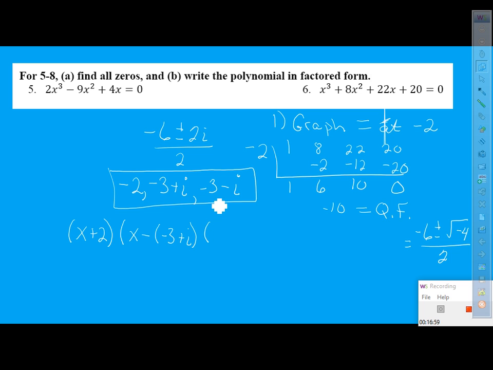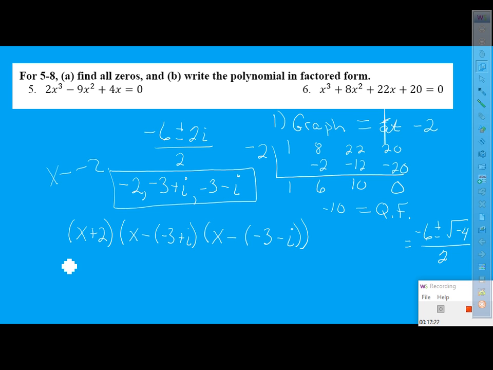And then, to get a negative 3 minus i, there must have been an x minus this quantity. Looks weird, doesn't it? So I went x minus the negative 2, so there's the plus 2. I need to go x minus that quantity, and then x minus this quantity.